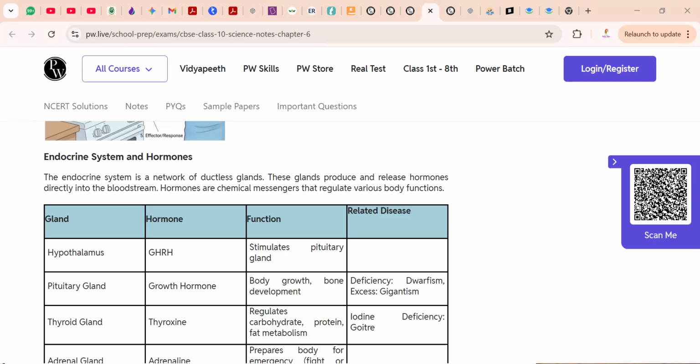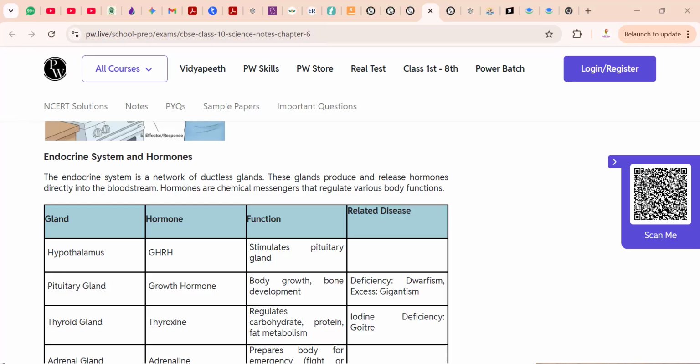If we do not pull, what happens? Our hand gets burned, right? So sweating in hot weather, and when we touch a hot object we easily withdraw. That is the stimulus and the response.